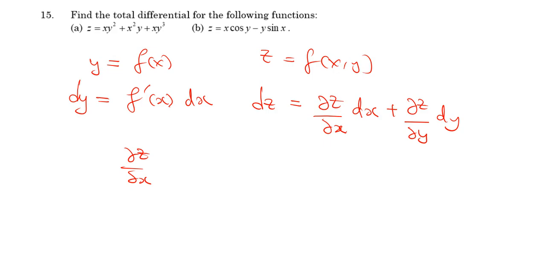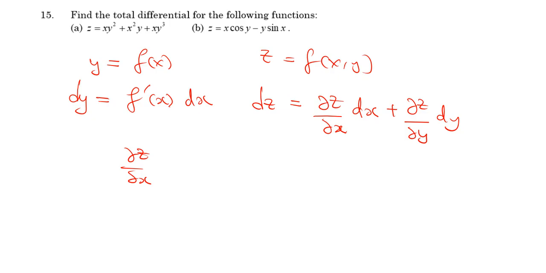This partial derivative with respect to x measures how the function changes as x changes, as we hold y constant.